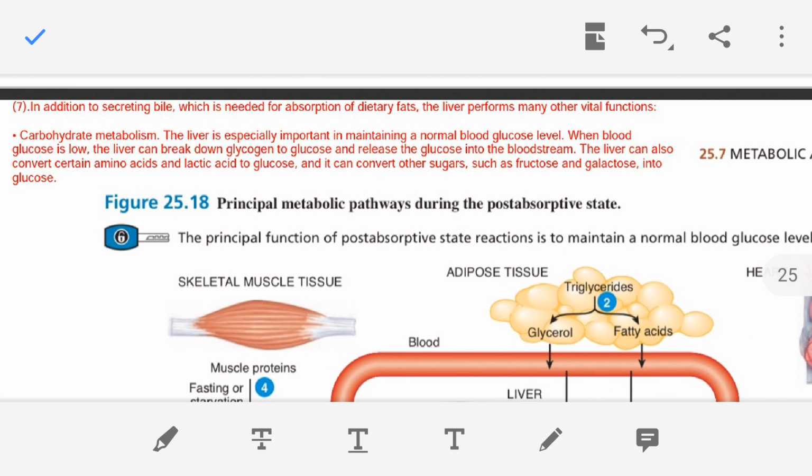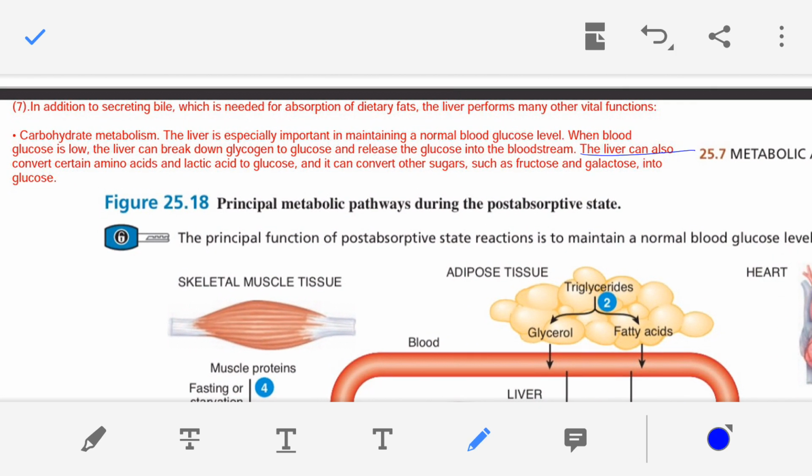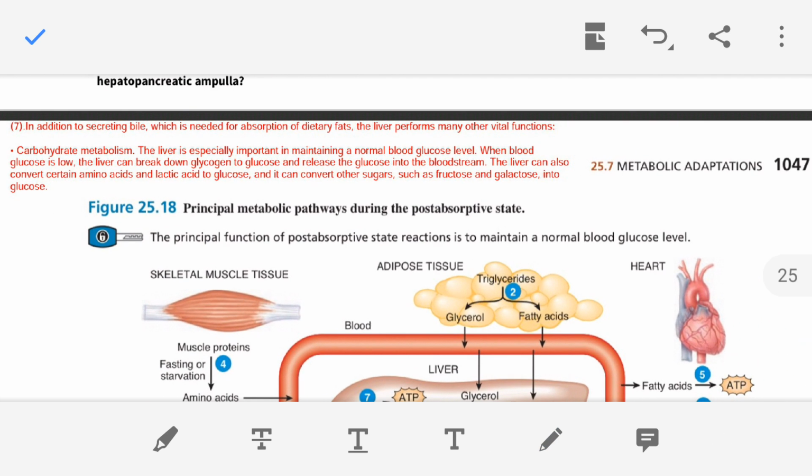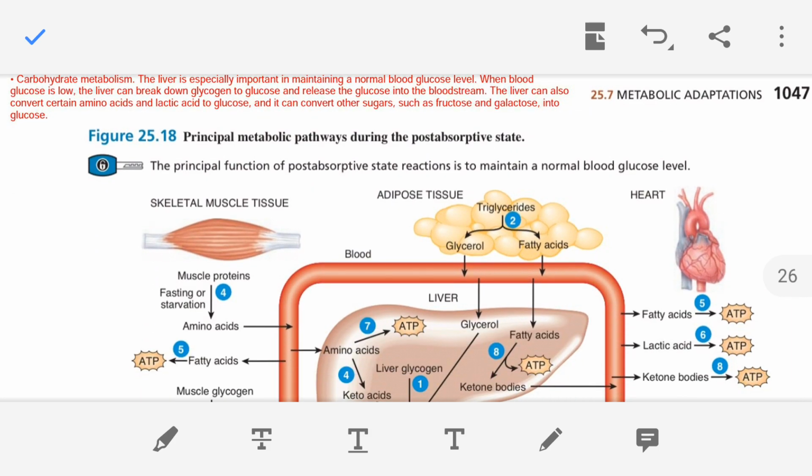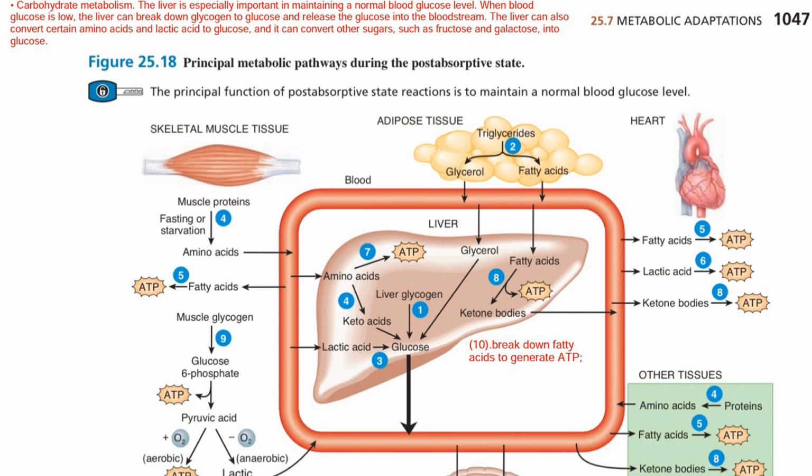Then the liver can also convert amino acid and lactic acid into glucose whenever it is required. Then the liver can also convert sugars such as fructose and galactose into glucose. So before moving on to the 8th point, I will discuss the 8th point with you, you go through this figure.